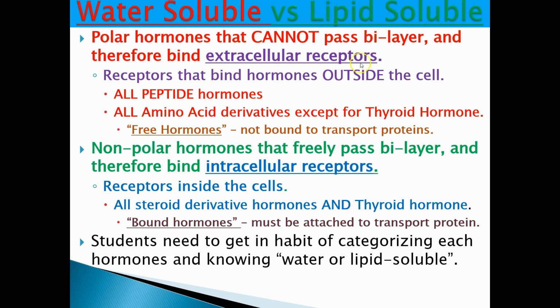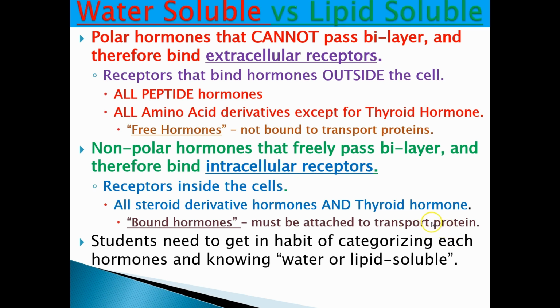Major points of lipid-soluble: these are nonpolar hormones that are able to bypass the bilayer because they're literally lipids, and it's a lipid bilayer. And so they bind to intracellular receptors, those inside the cell. These are all the steroid derivative hormones, and thyroid hormone is considered lipid-soluble. And these have to be bound hormones, attached to transport proteins.